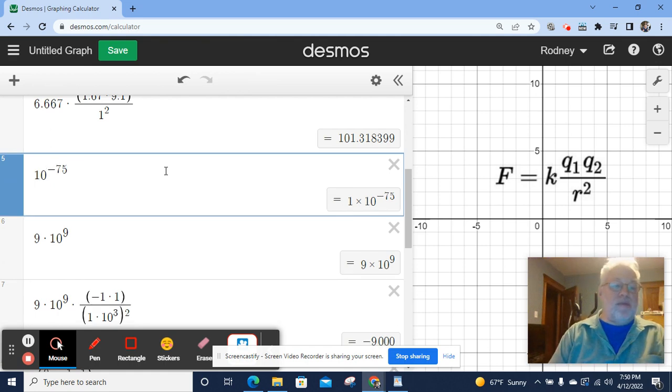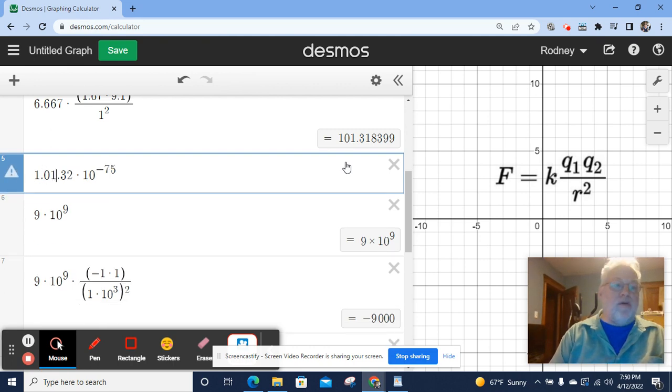I don't need the parentheses anymore. And we put it all together, and we get this number, 101.32 times 10 to the negative 75th. Now, I want to make this scientific notation, so I need to make this 100 times smaller. That means I move the decimal 2 places.